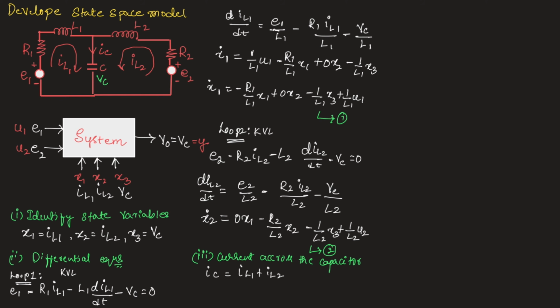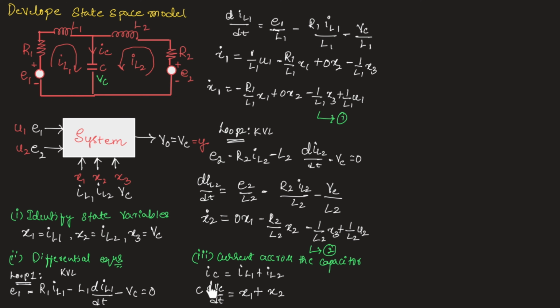So from the circuit, both the currents are flowing in the same direction. So we can write IC is equal to IL1 plus IL2. So current through capacitor, we can write it as C dVC by dt will be equal to IL1, which is nothing but x1, plus IL2, which is nothing but x2.